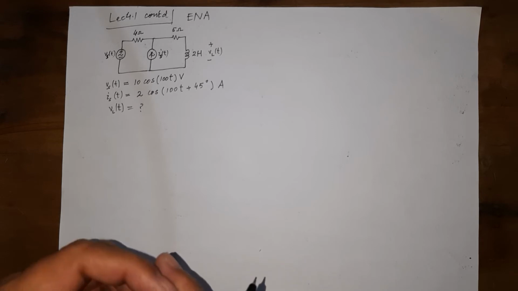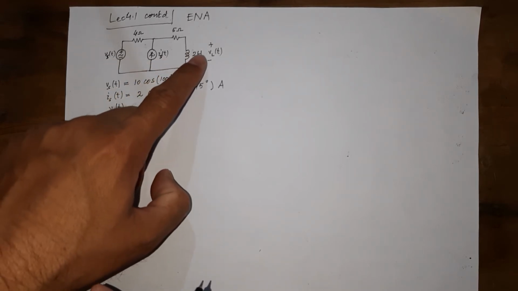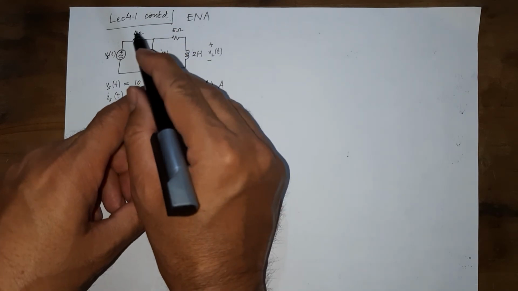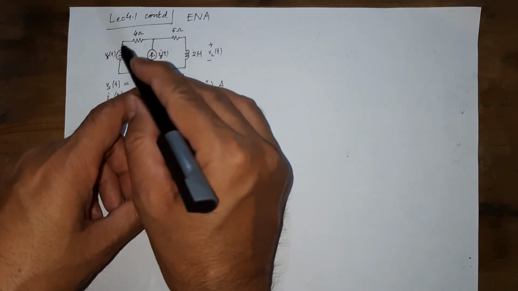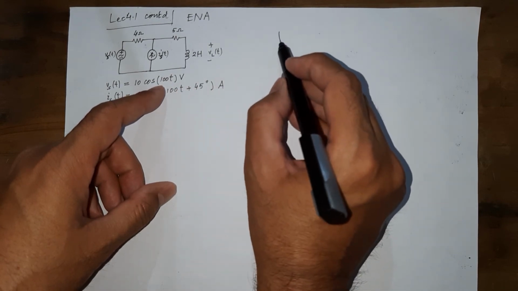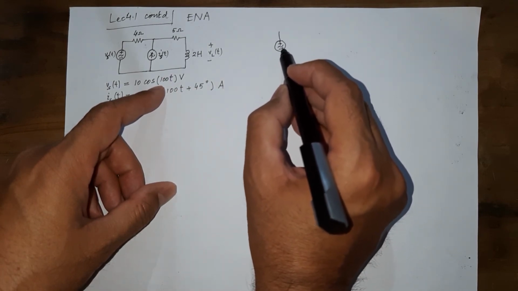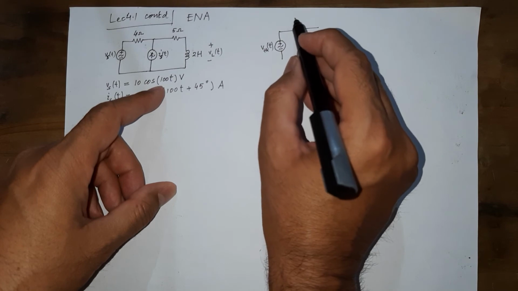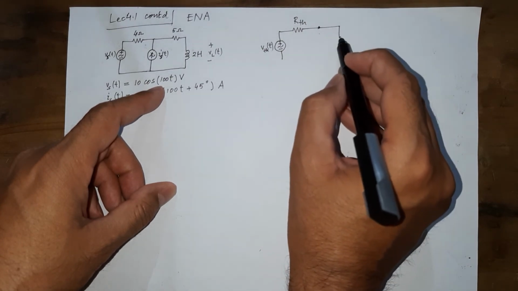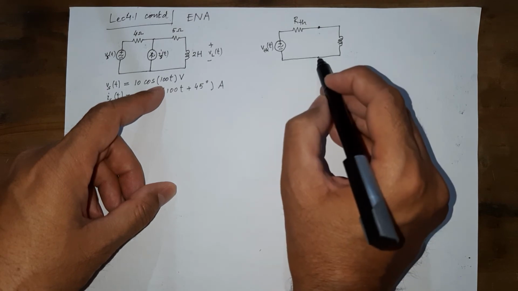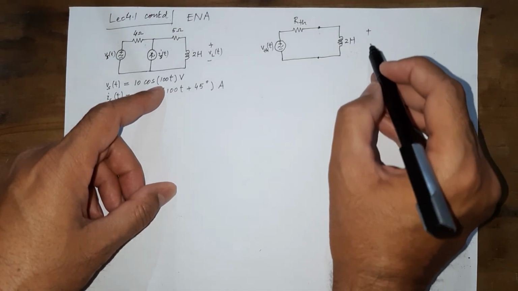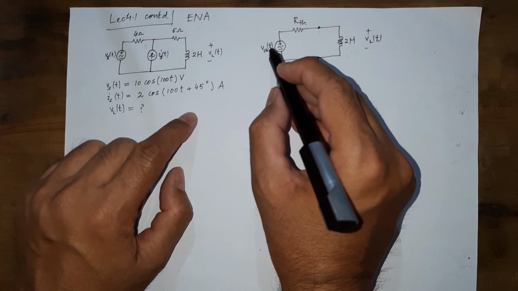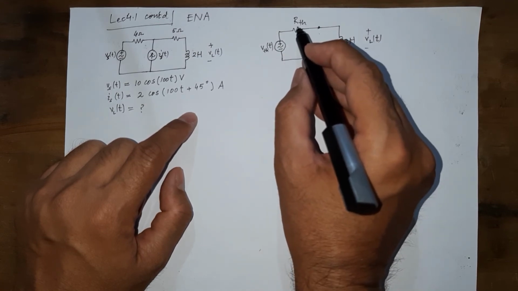Although, if these had been DC sources, we could have found the Thevenin equivalent with respect to this L of this circuit, with a Thevenin equivalent resistance, and here we would have that inductor of 2 henries, and a single voltage source and a single value of resistance.